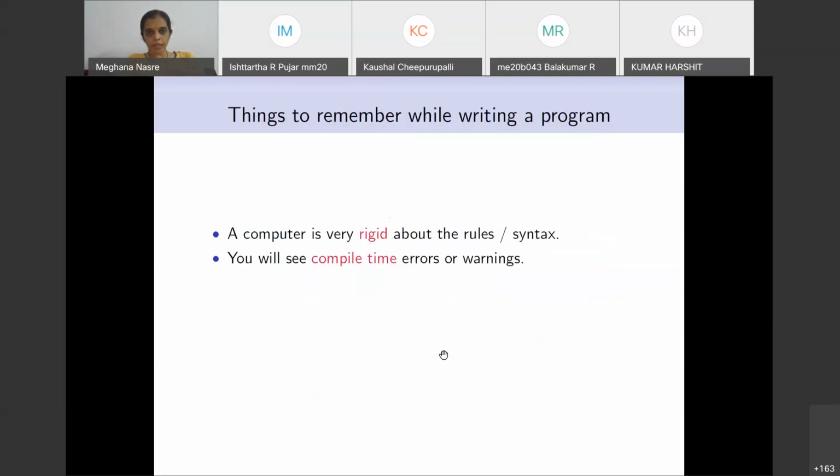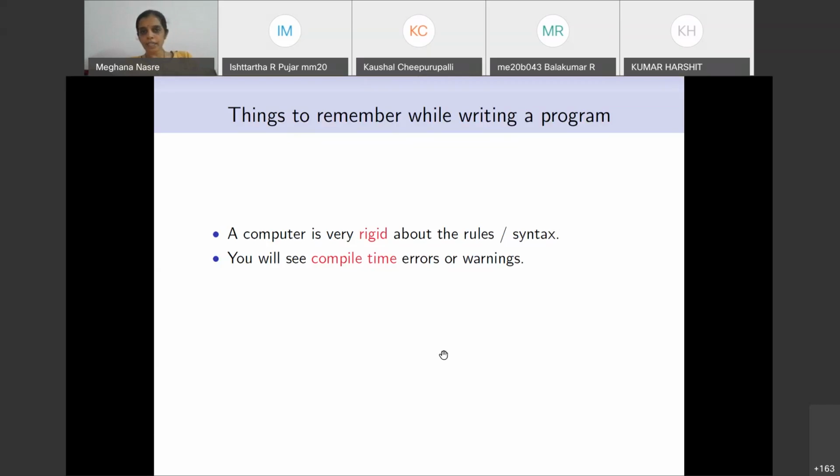Okay, so a few things that we want to remember while we are writing programs: the computer is very rigid about rules and syntax. So what do I mean by computer? It's not the computer, it's the compiler, so I should use the word compiler. A compiler is very rigid about the rules and the syntax.